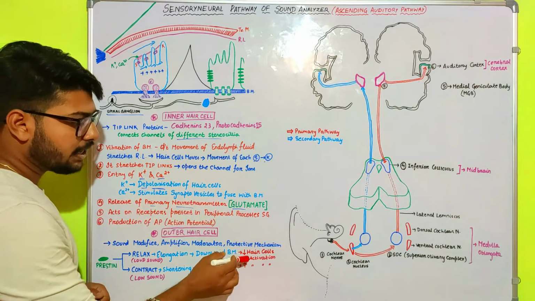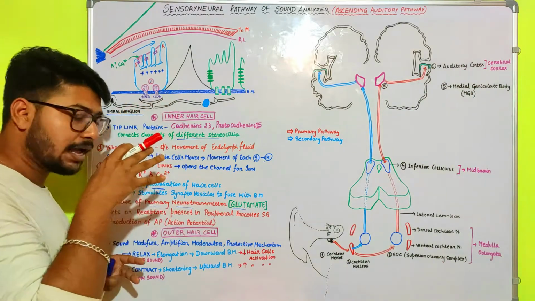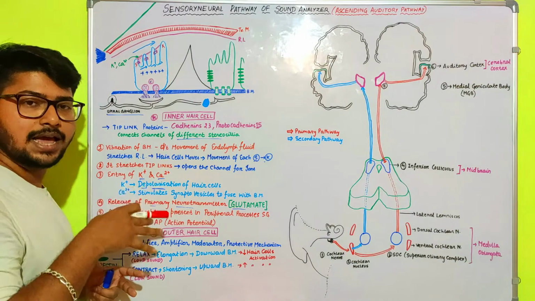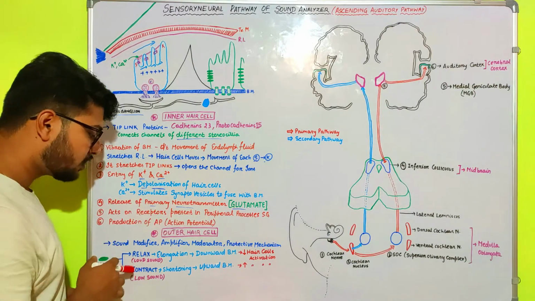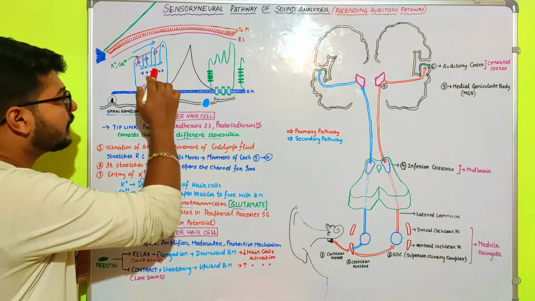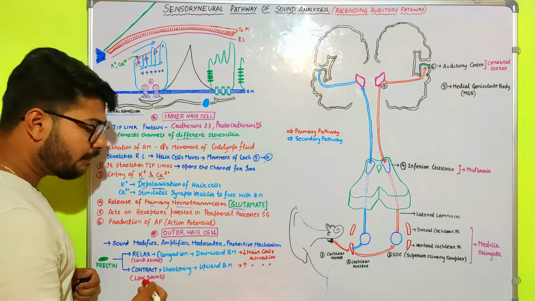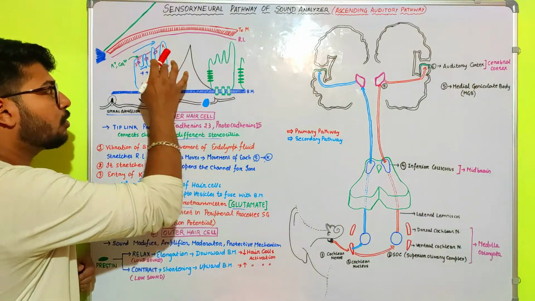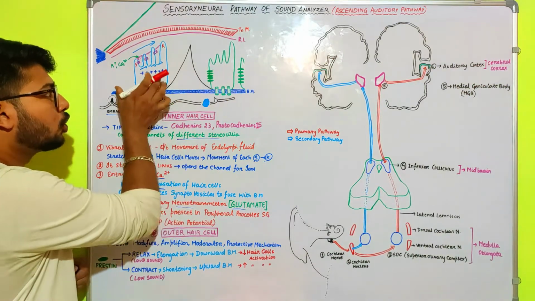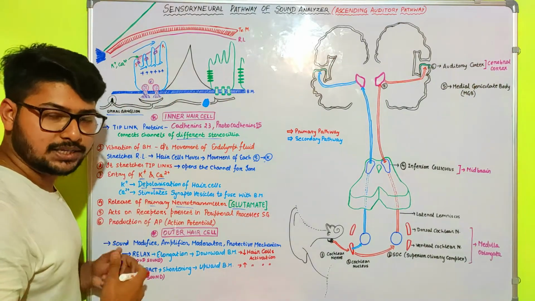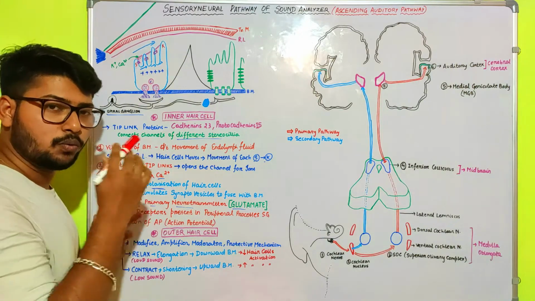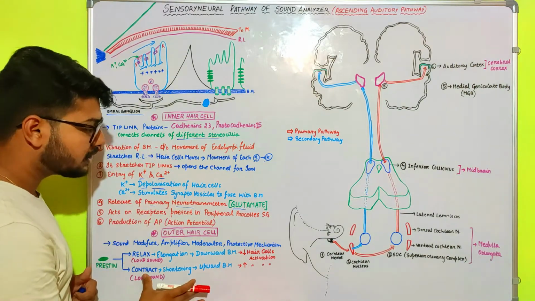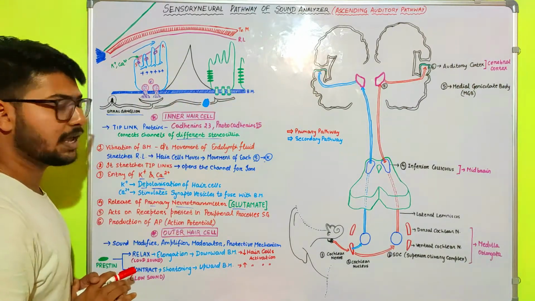Previously, at loud sound, there was decreased hair cell activation, which protects the inner hair cell, and when there is low sound, there will be stimuli from the outer hair cell to produce more and more action potential to discriminate which sounds are coming. So these are the functions of the outer hair cells.